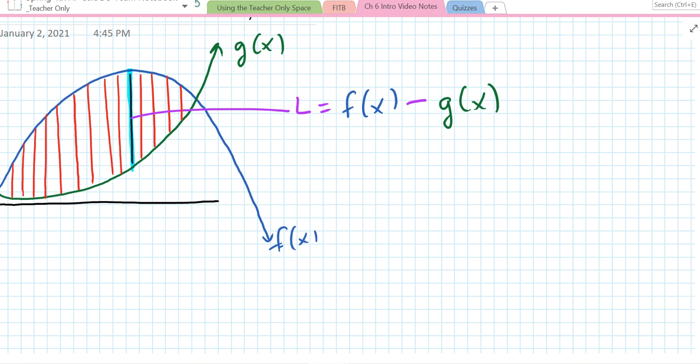So let me just write this down here. This is the upper curve, and this is the lower curve. And by always doing upper minus lower, this makes it always positive. And when they want you to find the area between curves, they are looking for a positive area. So we always want to keep this positive.